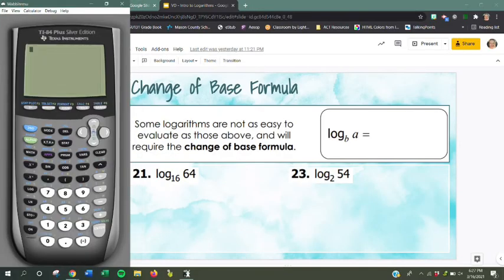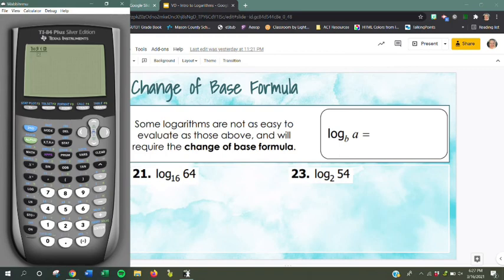Okay, so we have our calculator and we want to type in log of 64 divided by log of 16. You can use alpha y equals enter to create a fraction bar. And then the log button is to the left of the 7. It is right here.